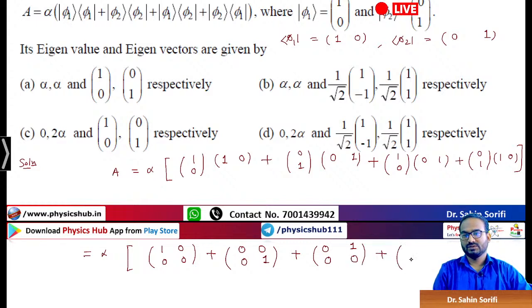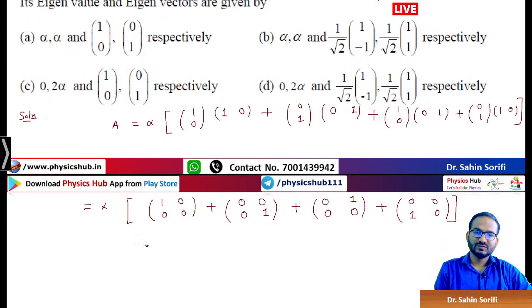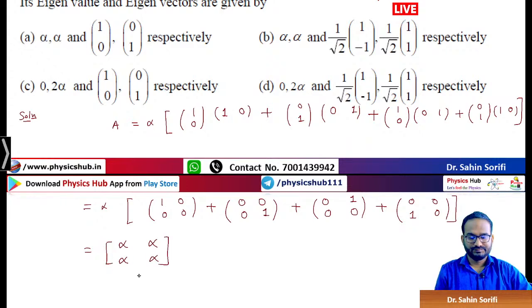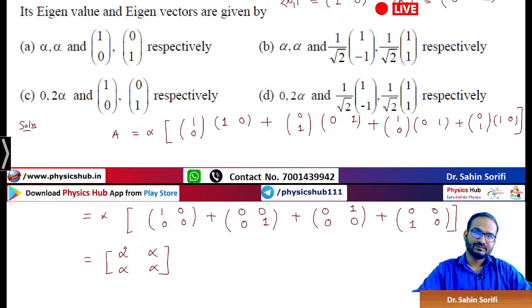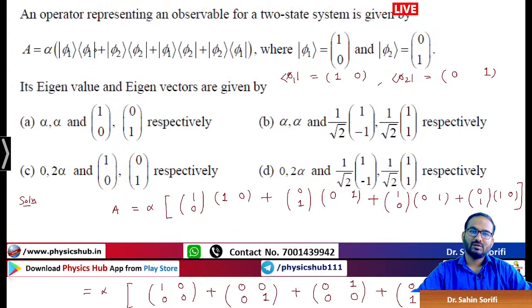Now from the fourth one, you get 0 0 1 0. Are you getting it this way? So if you just add them up and multiply by alpha, you get 1 1 1 1, so it is alpha alpha alpha alpha, isn't it? So now you have the operator in matrix representation.